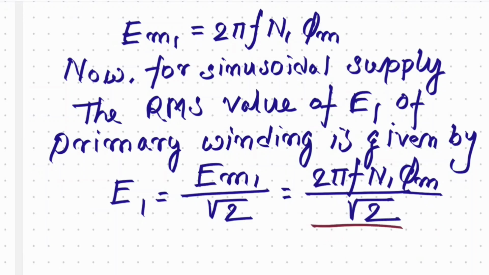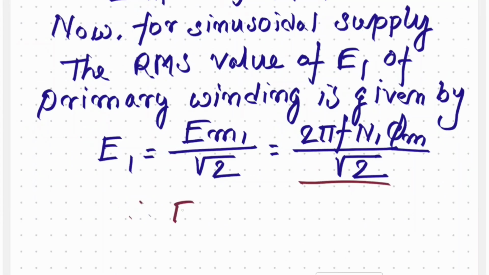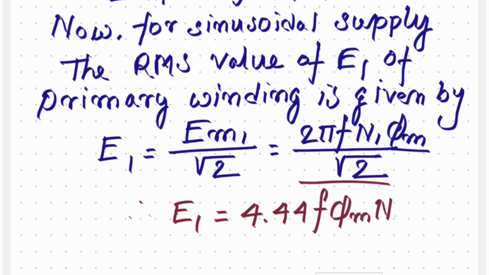So after simplifying this, we can write E1 is equal to 4.44 f phi m N1. So this is equation number 4.